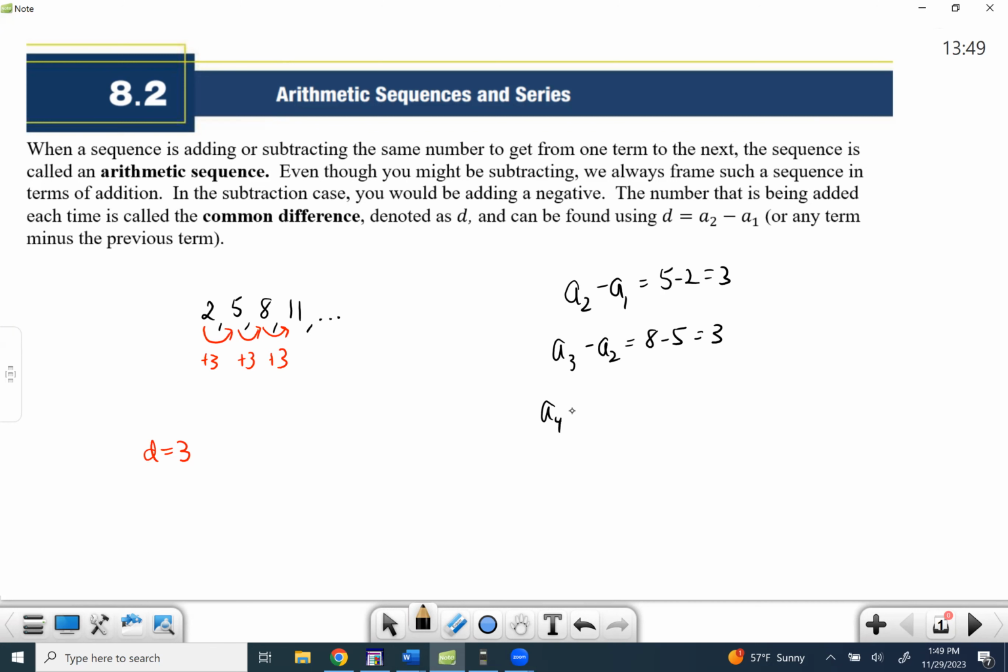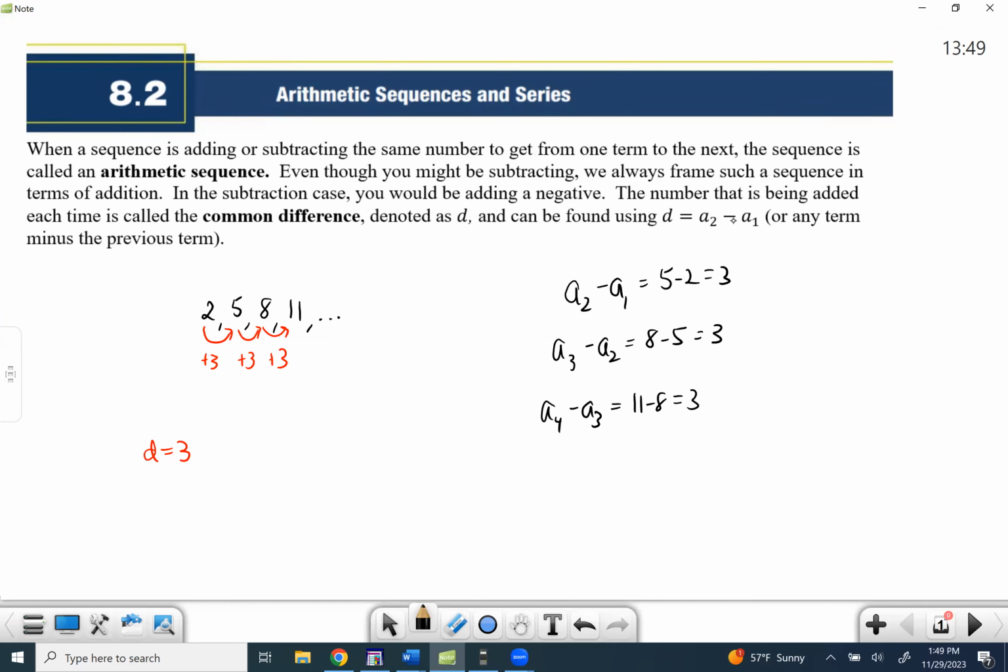The fourth term minus the one before it, 11 minus 8, you get 3. So when you take the difference, you're always going to get the same result each time. So it is the common difference. In the next section, it's going to be called the common ratio, and we'll talk more about that when we get there.